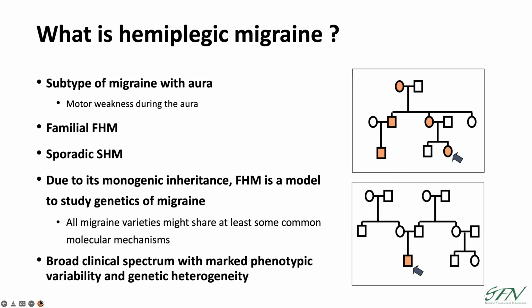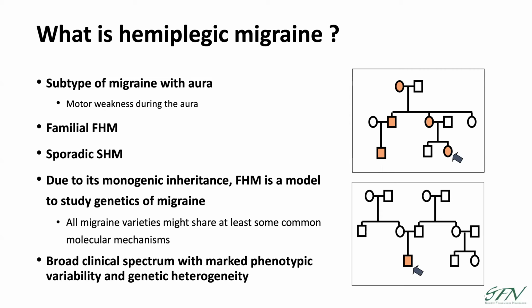Hemiplegic migraine is characterized by two main forms. It can be either familial, like here on this family tree. All the people in orange are affected by hemiplegic migraine.